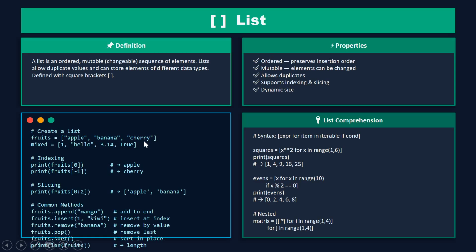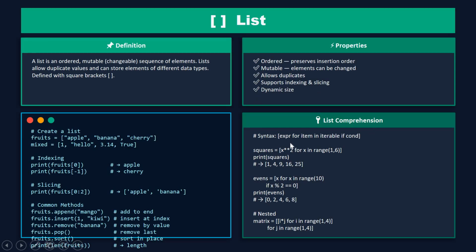Other data structures may give a different order, like banana, apple, cherry, or even a random order. But a list preserves order. So order preserving is a property, elements can be changed, duplicates are allowed, indexing and slicing are supported, and it is dynamic in size.